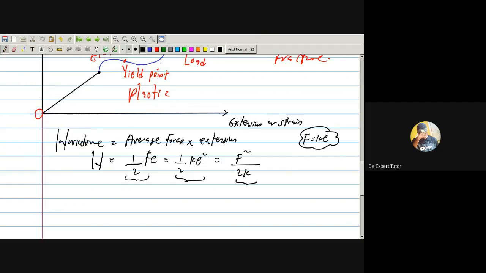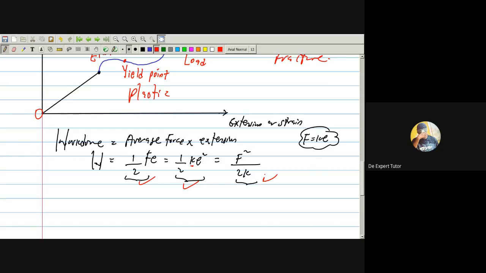Just get the concept. Whenever you have force and extension, use this. Whenever you have the elastic constant or spring constant K, use this formula. Whenever you have force and K, and they did not give you extension, use this formula.